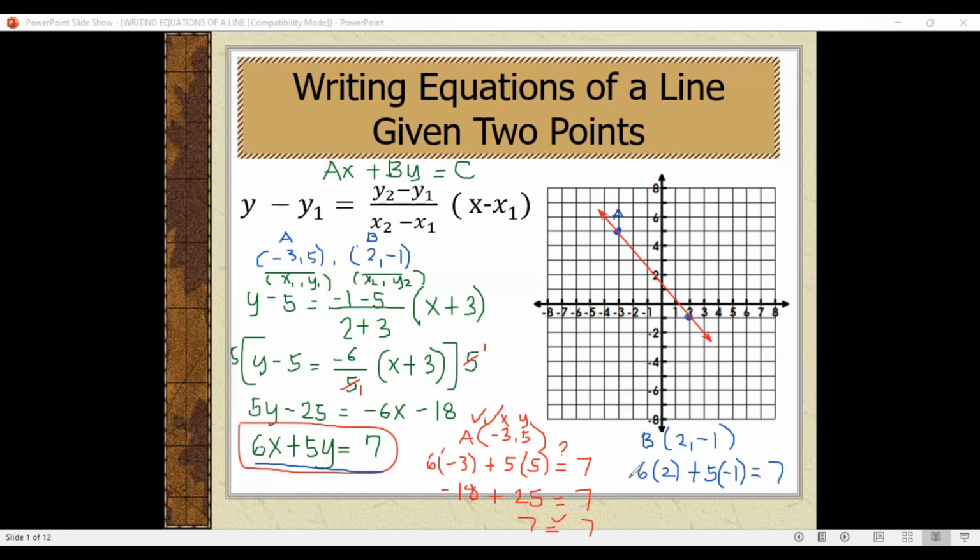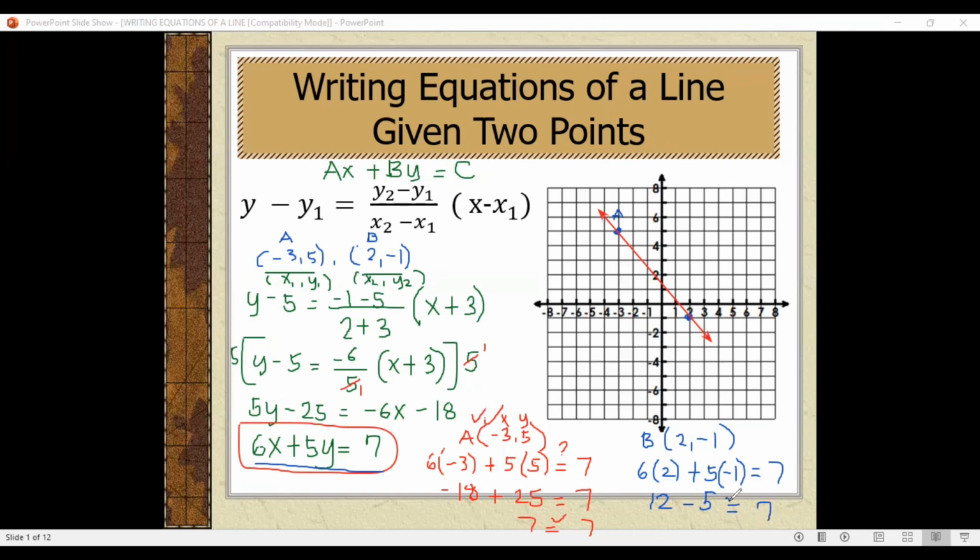So let's find out. 6 and 2 is equal to 12. So 12, and we have 5 with the -1 is -5. You have now a plus -5, so that will turn into -5. And it's so obvious now that 12 minus 5 is equal to 7.